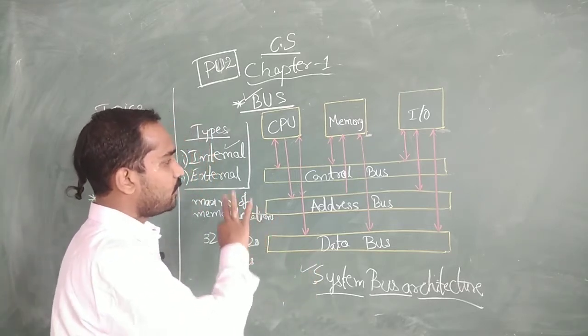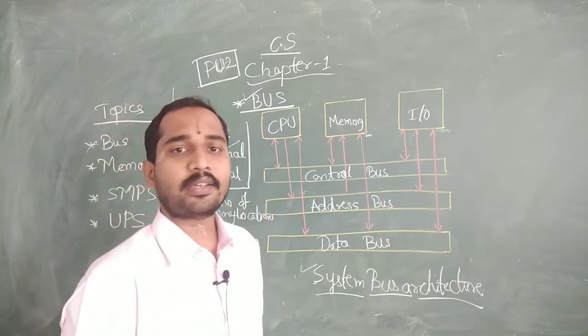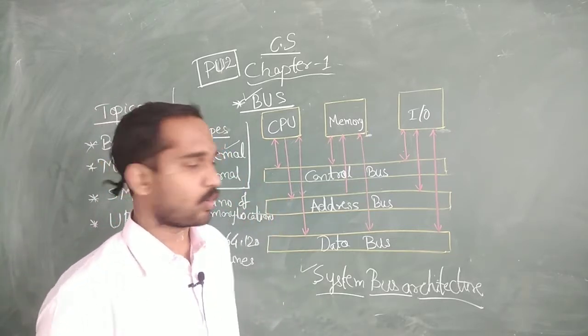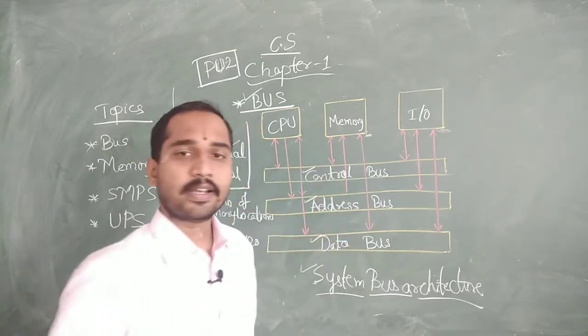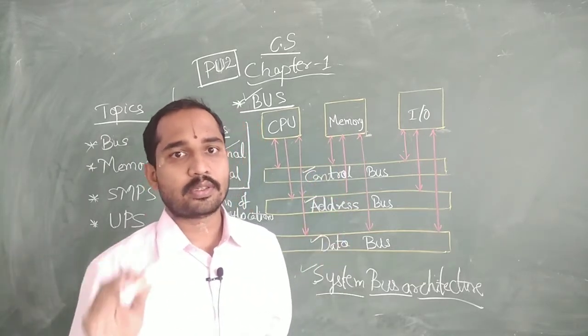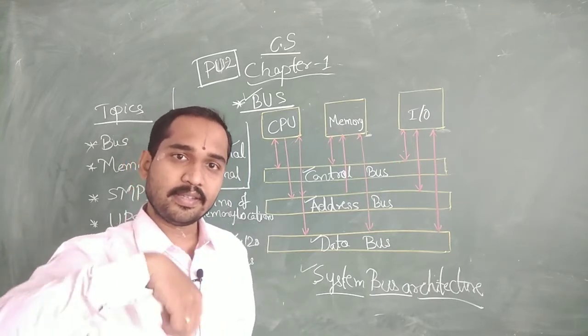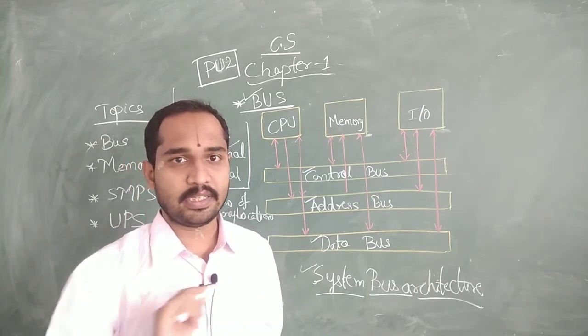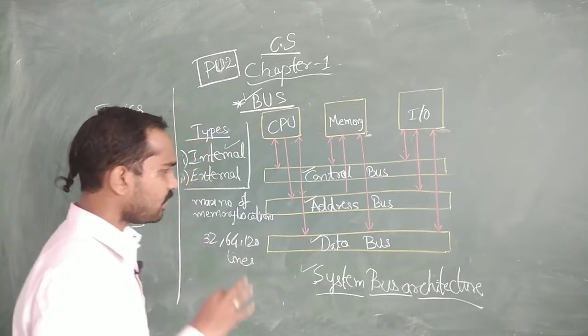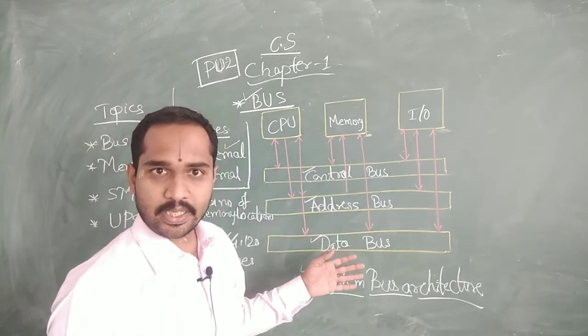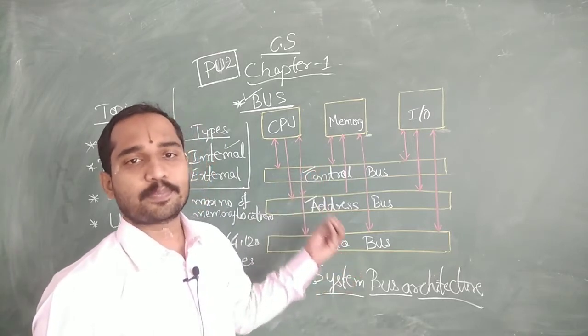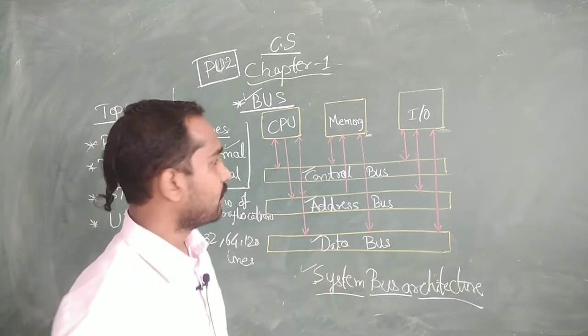So here we are seeing 3 types of system bus: the control bus, address bus and data bus. So 3 types of buses are there internally in the motherboard. Now we need to draw this architecture correctly and explain it in a few lines.